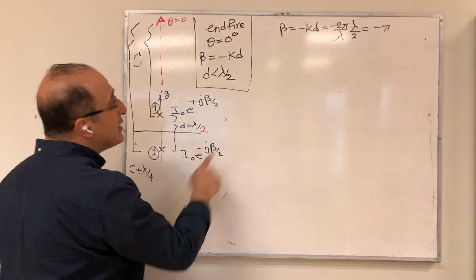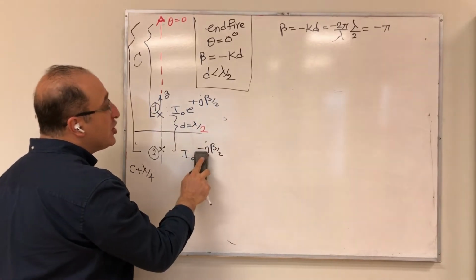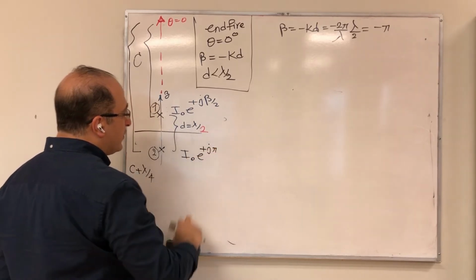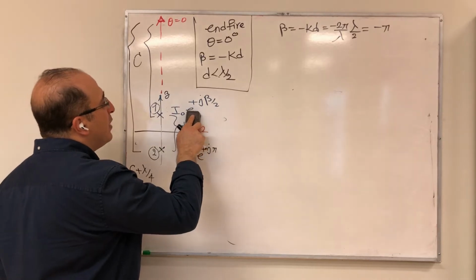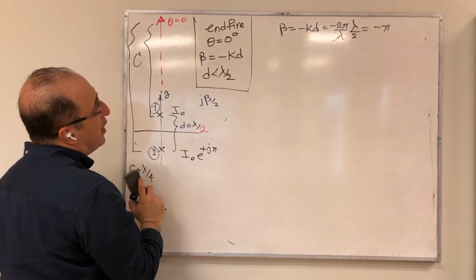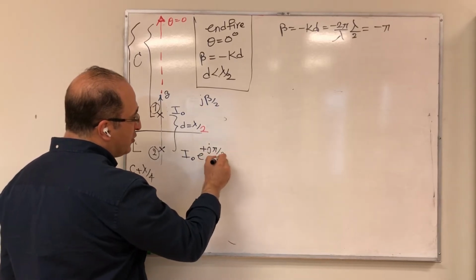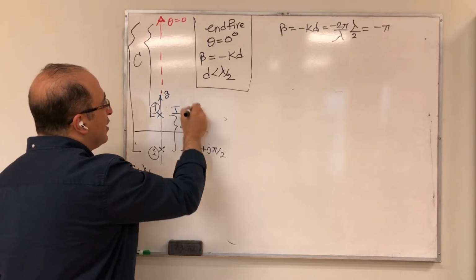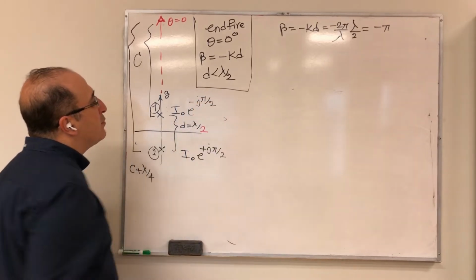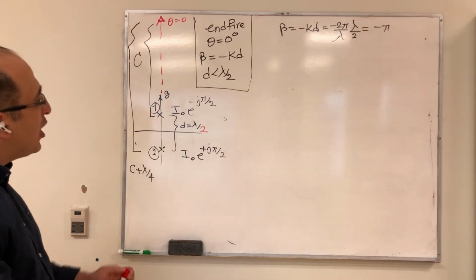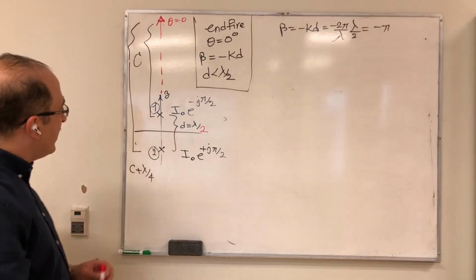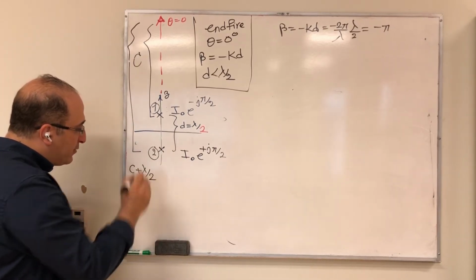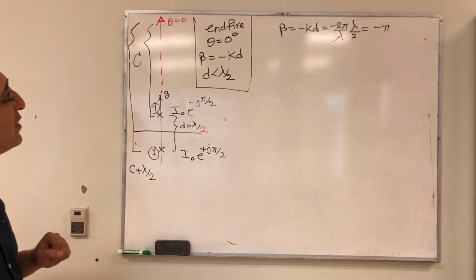Now, if beta is minus pi, this is going to be plus j pi divided by 2, and this is going to be minus j pi divided by 2, because this is beta divided by 2. So that becomes my new excitation, and the difference between the distance in this case is C plus lambda divided by 2, because now the separation is lambda divided by 2.